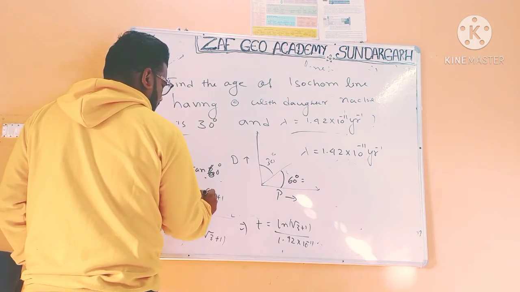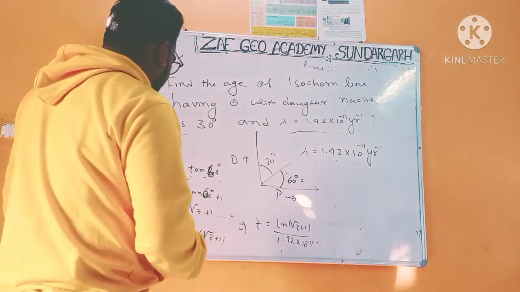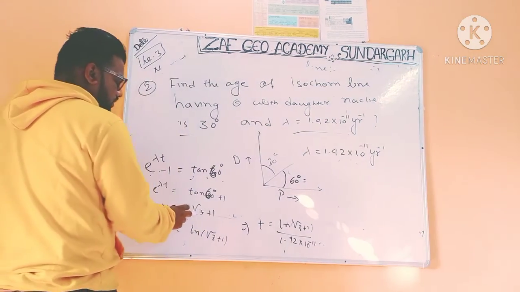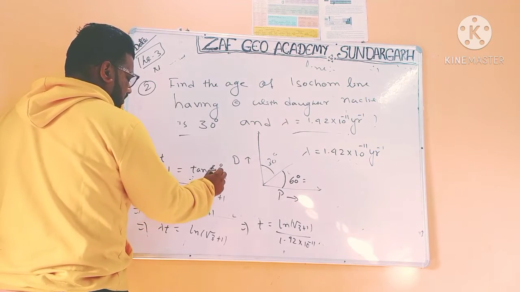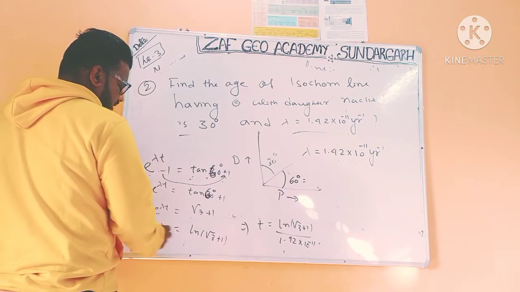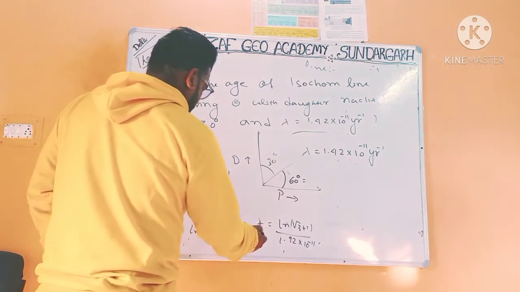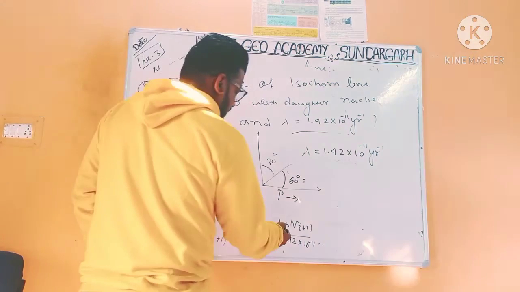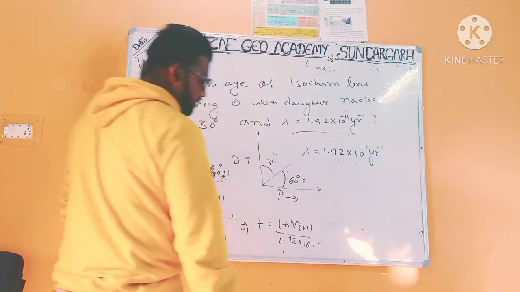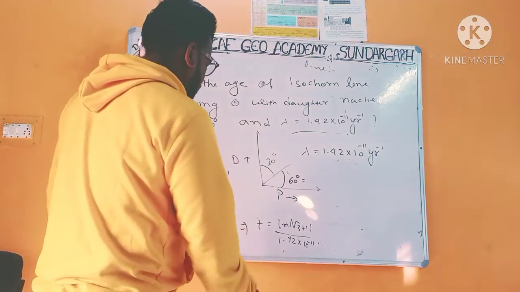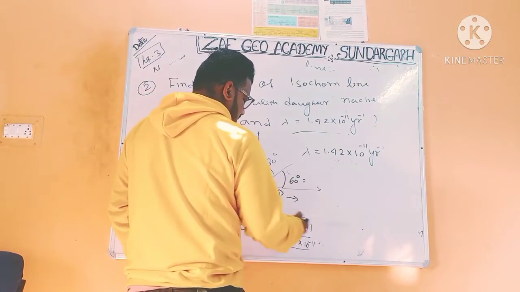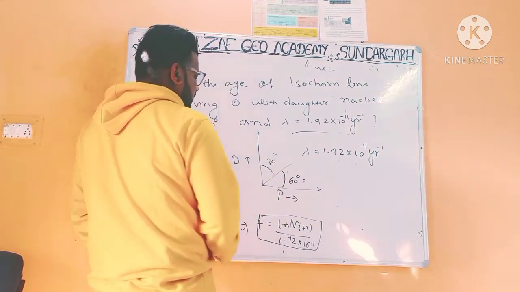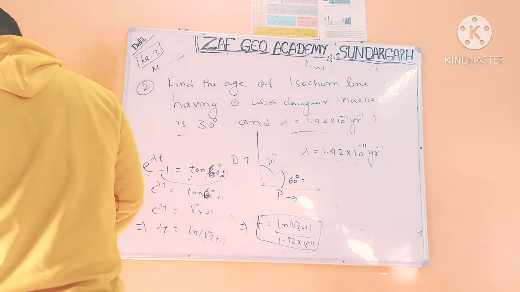So here tan 60 degrees, the value of which is root 3. e to the power lambda t equals root 3 plus 1, and lambda t equals ln of root 3 plus 1. Now you can calculate t as ln of root 3 plus 1 divided by 1.42 into 10 to the power minus 11. Solve this equation and you will get t.